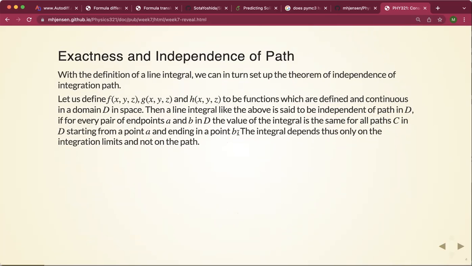Now, that type of line integral is said to be independent of the path in D if for every pair of endpoints A and B in D, the value of the integral is the same for all paths C in this domain D, starting from a point A and ending in a point B. That means the integral depends only on the integration limits and not on the path which is taken.